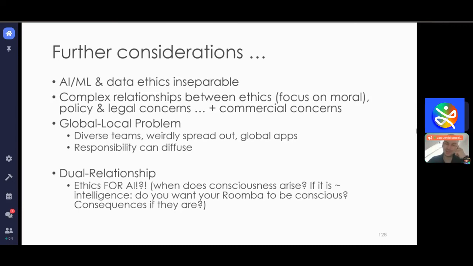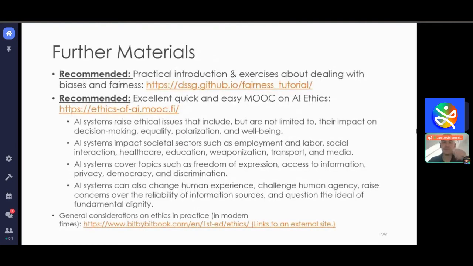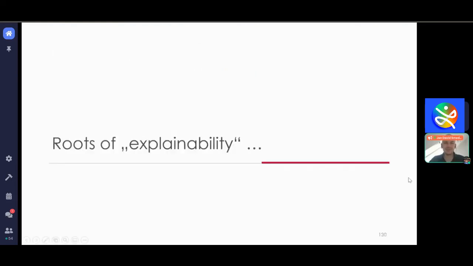And at what point do we need to take responsibility for a neural network, for example? But if you're interested in this whole problem space, there are a couple of highly recommended resources to follow up with. An excellent MOOC, an excellent practical introduction on biases and fairness, with lots of executable examples.